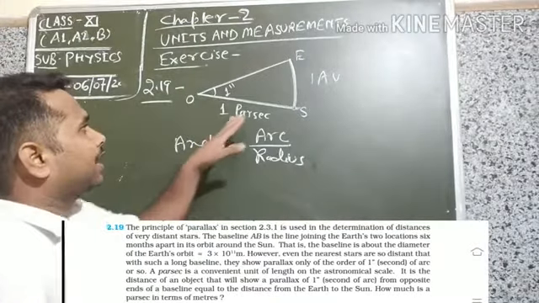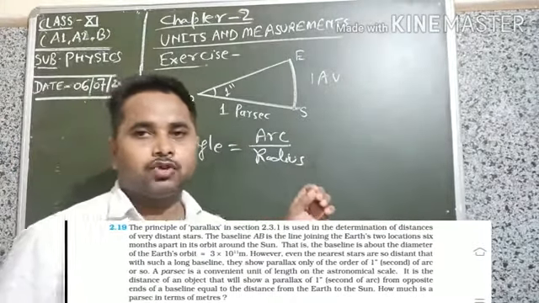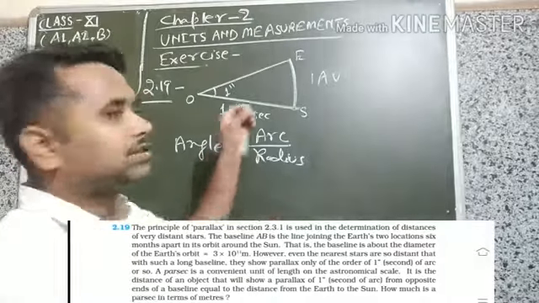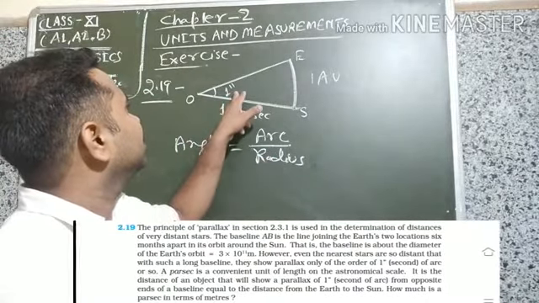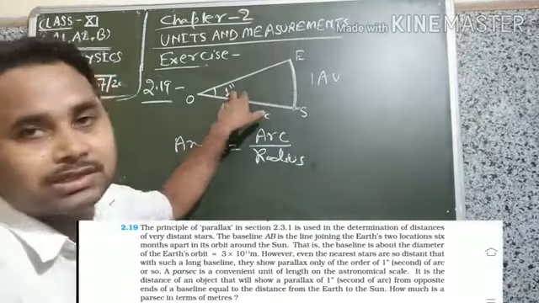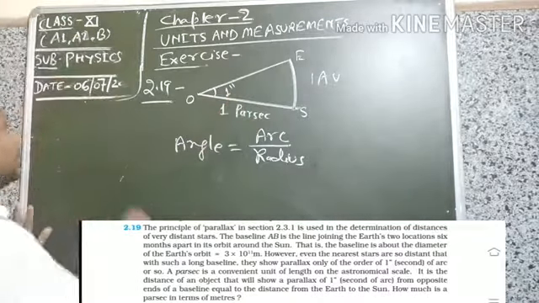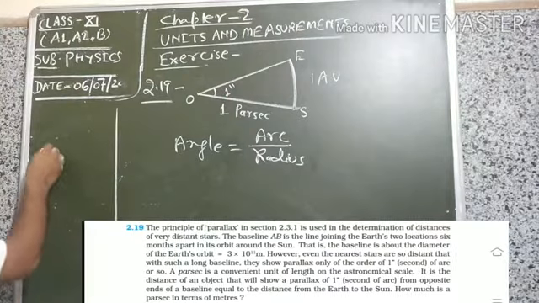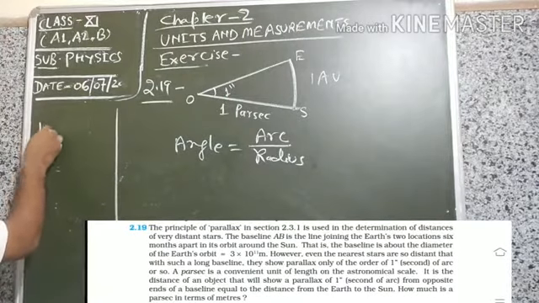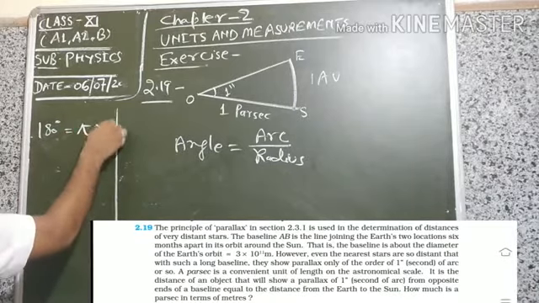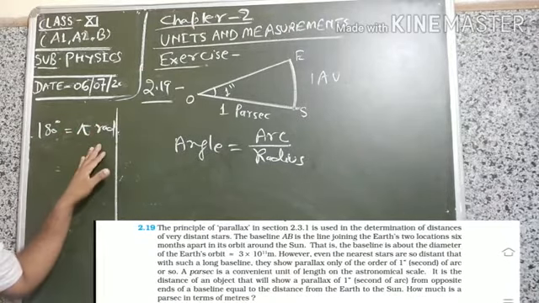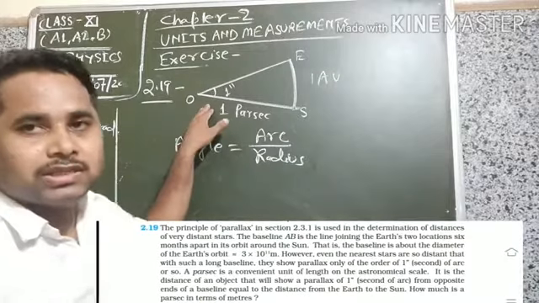See here, angle is given in second. First of all, it should be converted in the SI system, that is the radian. We have to convert this into the radian first. You know the relation between radian and degree, that 180 degree equals pi radian, but the angle is given in second.